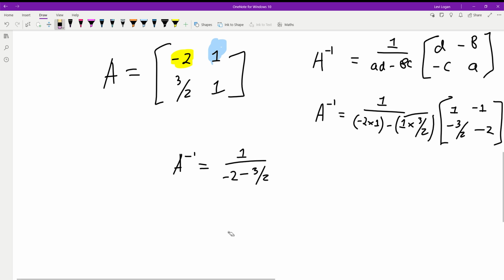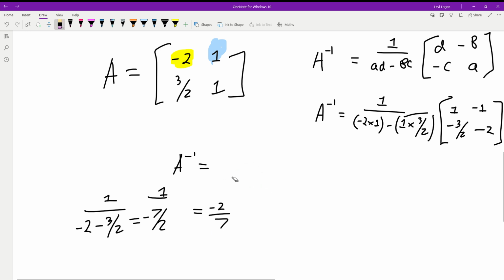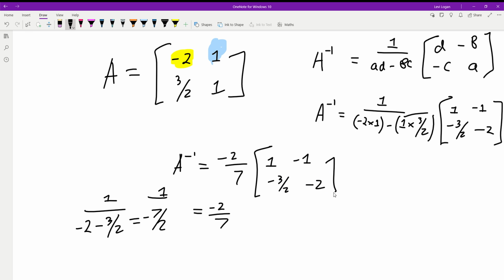Because this turns into negative 7 on 2, 1 over that is the same as this turned upside down, so negative 2 on 7. So I'm going to rewrite the front bit as negative 2 on 7, and then I'm going to have this matrix here: negative 1, negative 1, negative 3 on 2, and negative 2.